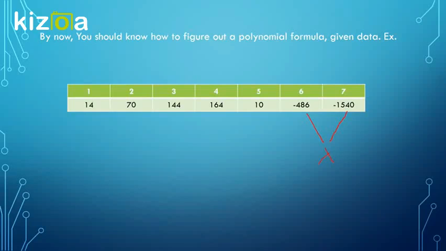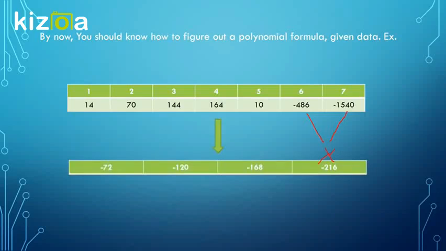And you just do that for the rest. Then you continue on until you finally get a repeating integer. This will be your degree, however many differences it takes.